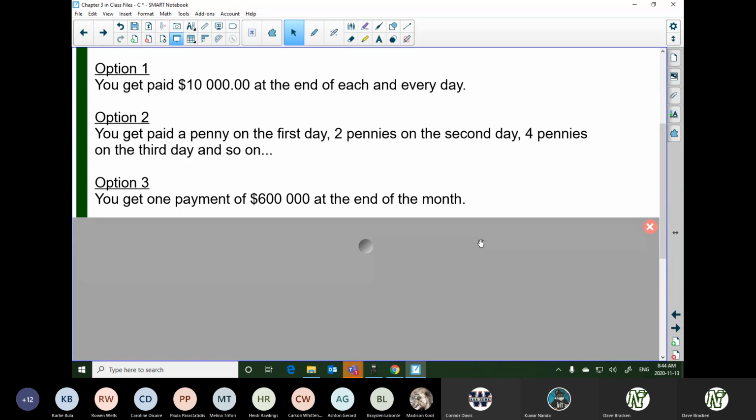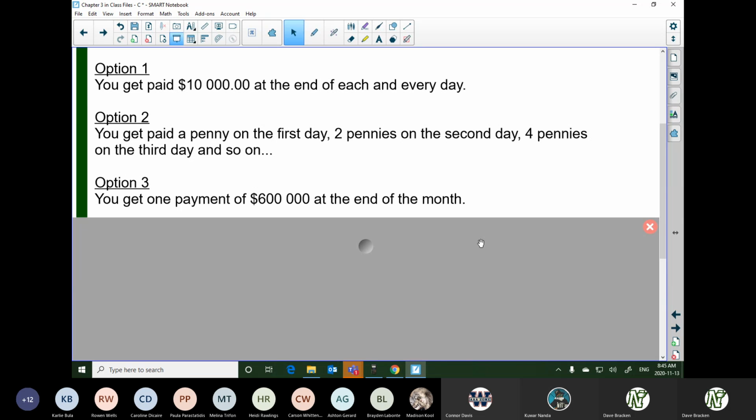Now, can somebody tell me why they would pick option 3? Let's get a couple people unmiking and saying why in the world they would pick option 3 here. What would be the incentive with option 3? I see Connor, I see Ashton, I see Madison.